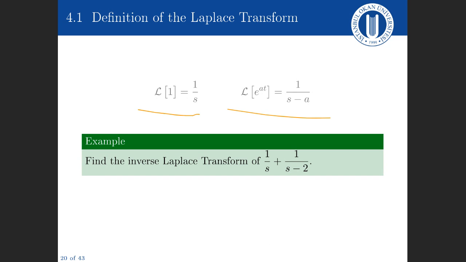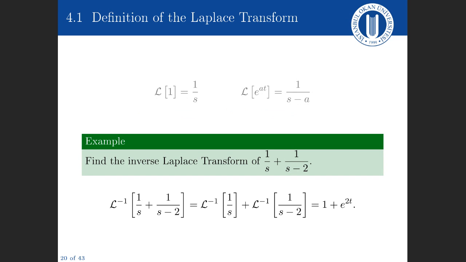These are the formulae that we want. Because the inverse Laplace transform is a linear operator, this is just the inverse Laplace transform of 1 over s plus the inverse Laplace transform of 1 over s minus 2. And that's just 1 plus e to the power 2t.